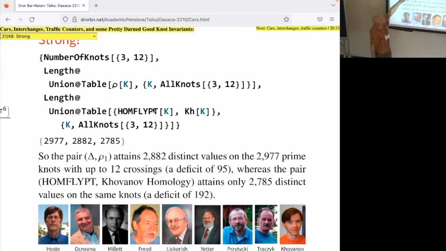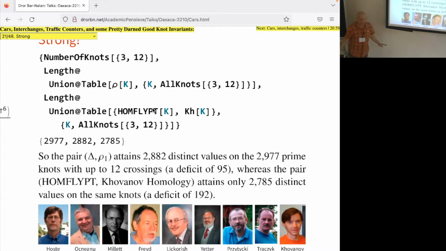And the answer are, the total number of knots is 2977. The number of values rho attains is this. The number of values HOMFLY and Khovanov together attain is that. So rho, which is the Alexander polynomial and rho 1, are stronger than HOMFLY-PT and Khovanov, at least numerically. Okay?